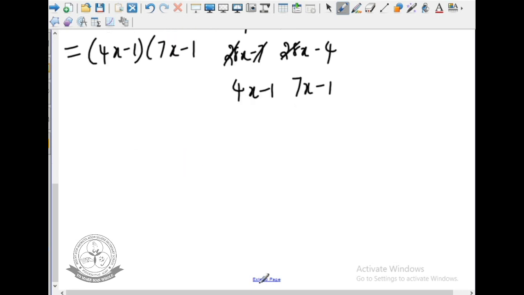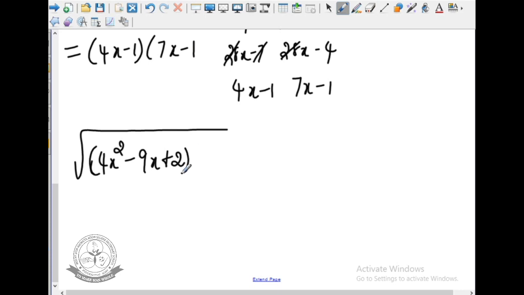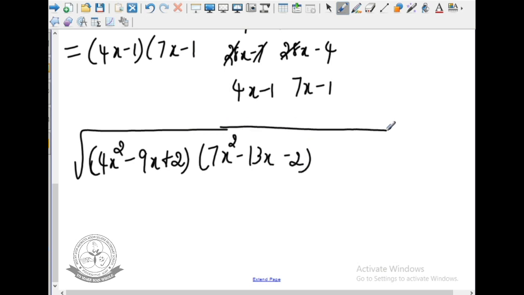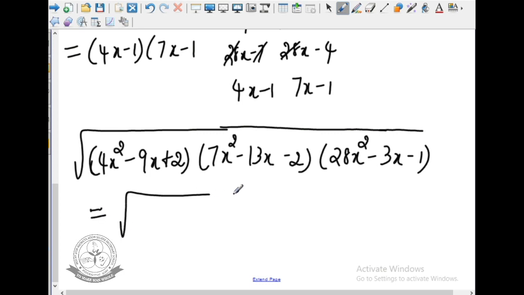So the question is square root of 4x² − 9x + 2 into 7x² − 13x − 2 into 28x² − 3x − 1 is equal to square root of, what are the factors we are having?